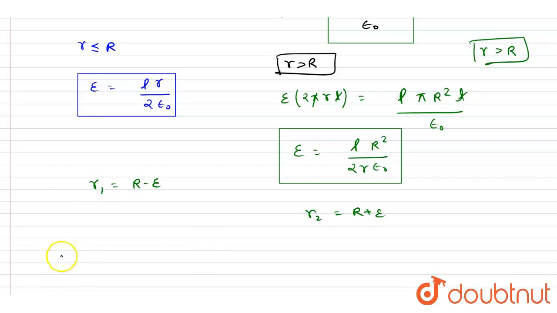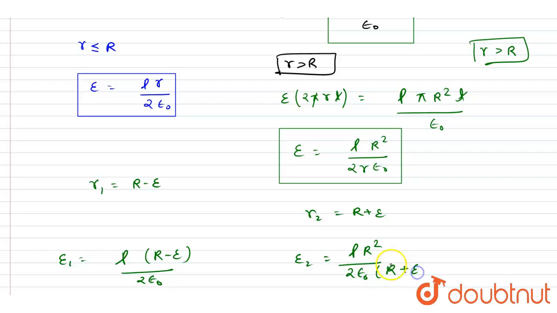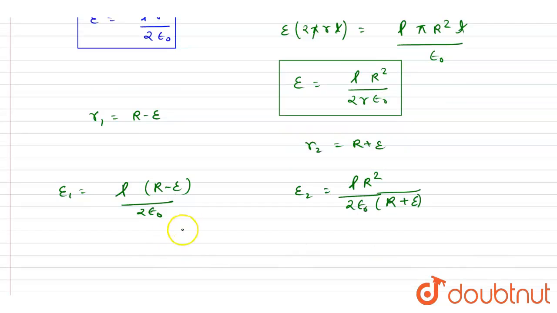Put here, I will write down E1 is equal to rho R minus c by 2 epsilon naught, and E2 is equal to rho R square by 2 epsilon naught, it will be R plus c. Now you can compare the two.